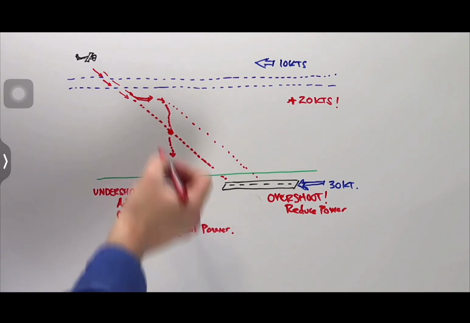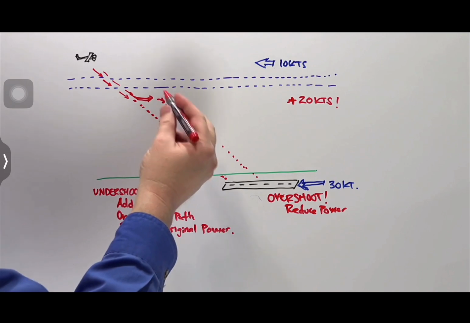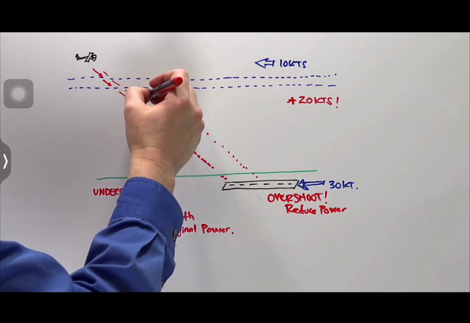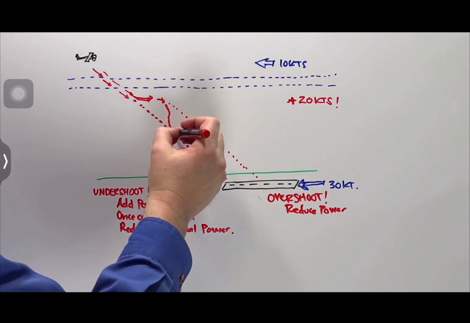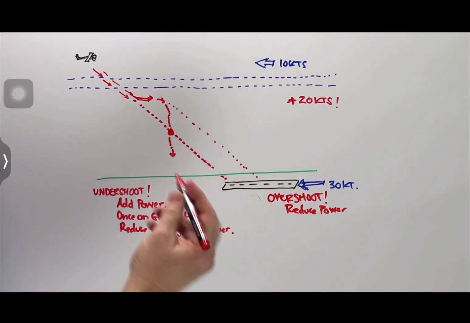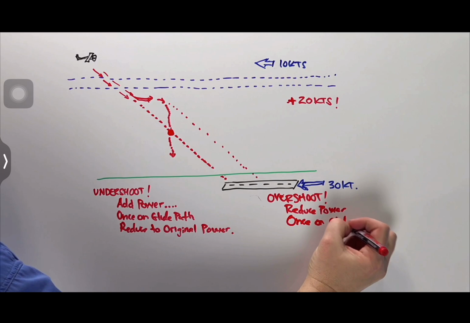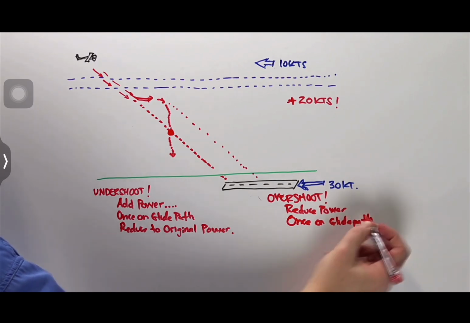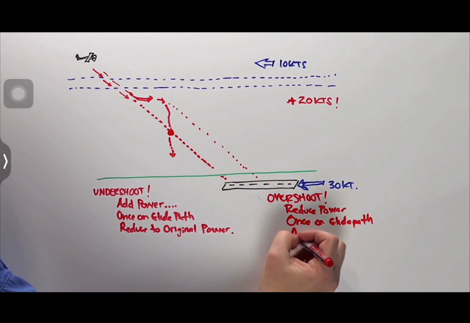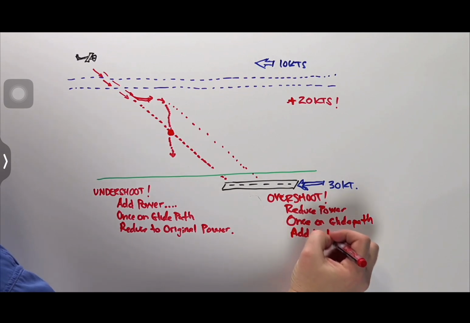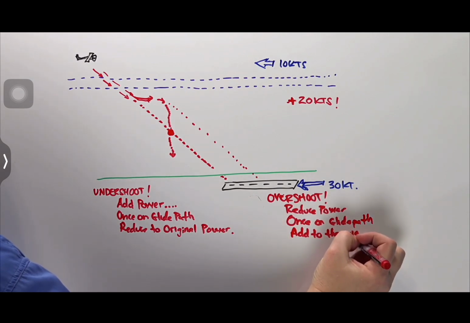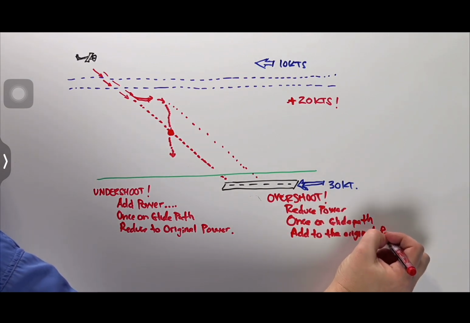That's really bad if you're going vertical. Anyways, ignore that, please. So once we reach our glide path, guess what we're going to do again? Once on glide path, we will now add to the original power.